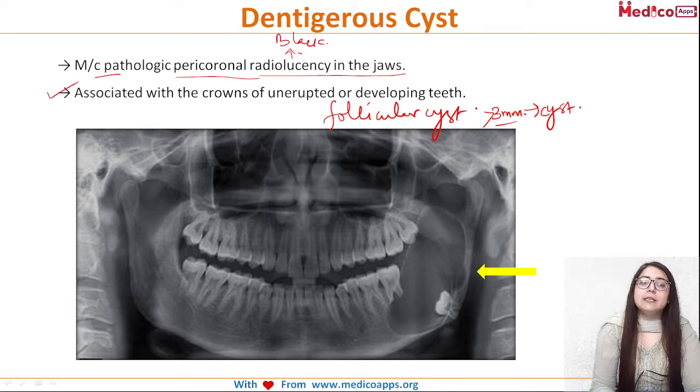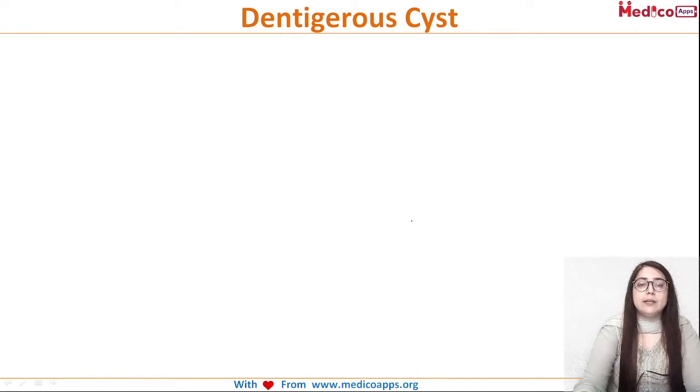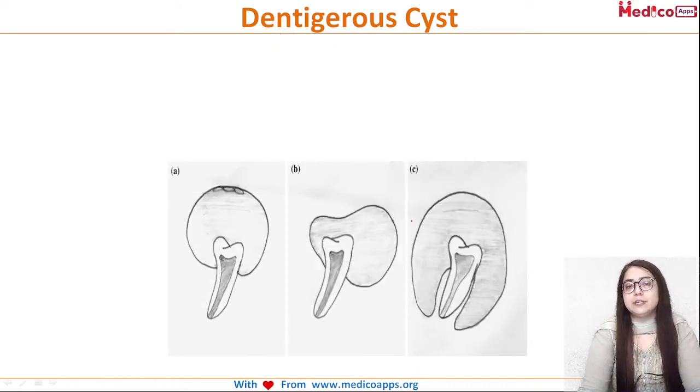Then second, it is associated with the crowns of unerupted or developing teeth. So it favors the diagnosis since it involves this tooth, the third molar. So this could be a dentigerous cyst. Now, what findings do you tend to see radiographically to confirm that this is a dentigerous cyst? Before that, let me tell you that there are three varieties of dentigerous cyst.